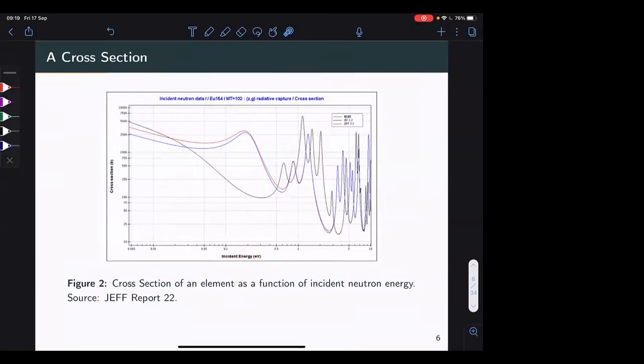This is for some particular element, I think it's europium or something. The cross section basically measures some sort of likelihood of a neutron being absorbed by this particular element as I fire it through the material at different velocities.